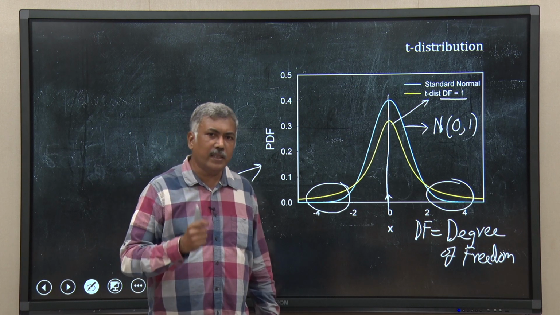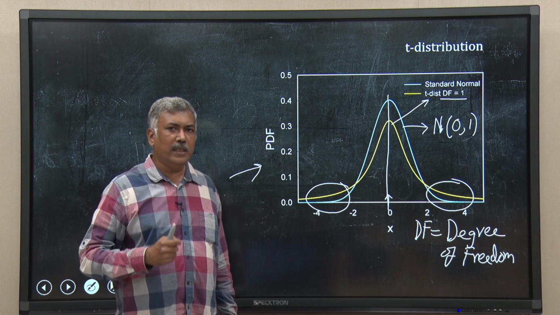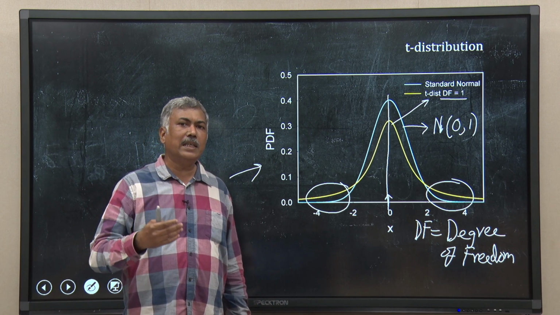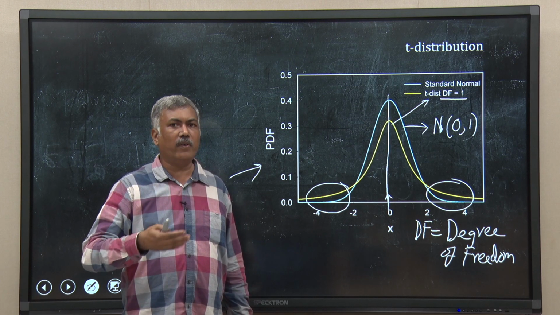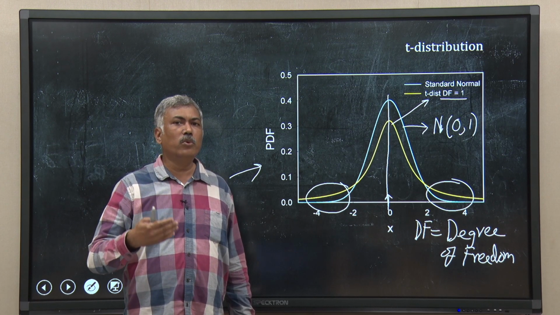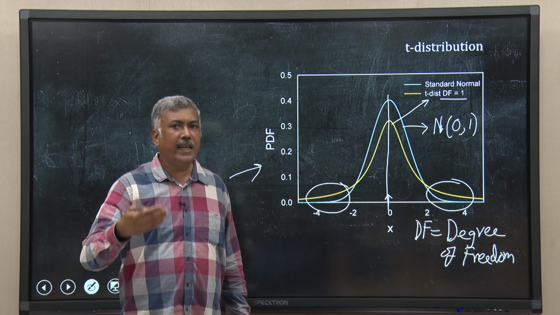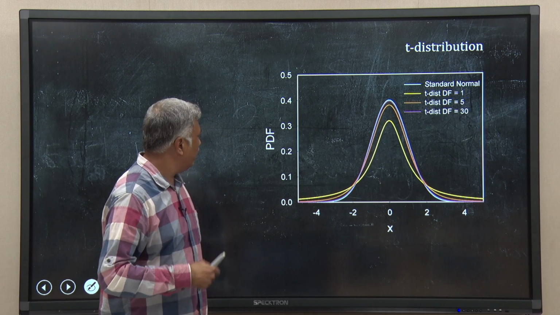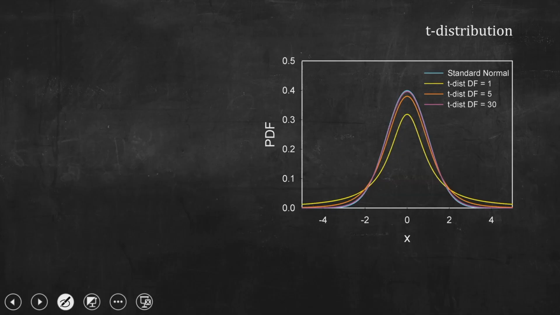Now, the most interesting feature of the t-distribution is that if I keep on increasing the degree of freedom, the parameter of the t-distribution, it will move towards the standard normal distribution. Let me show you this in the graph. I am increasing the degree of freedom from 1 to 30, and the pink line is for degree of freedom 30.